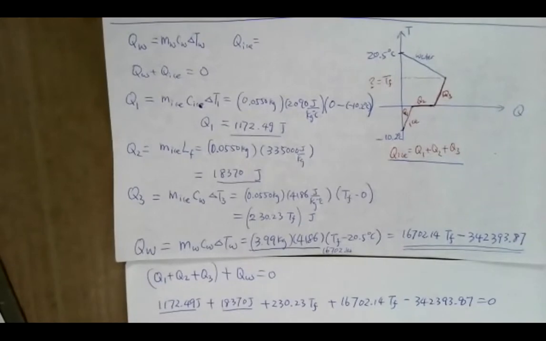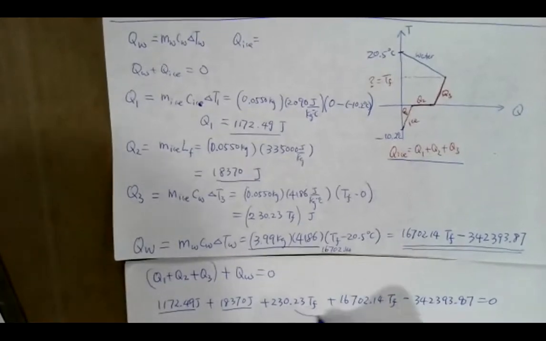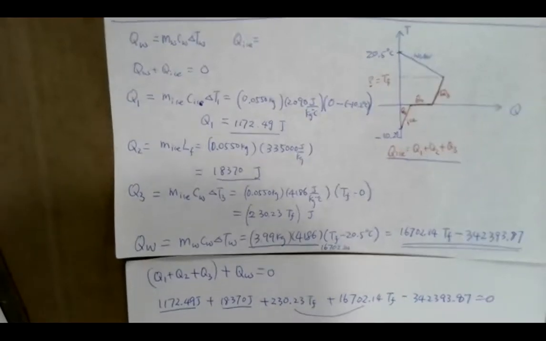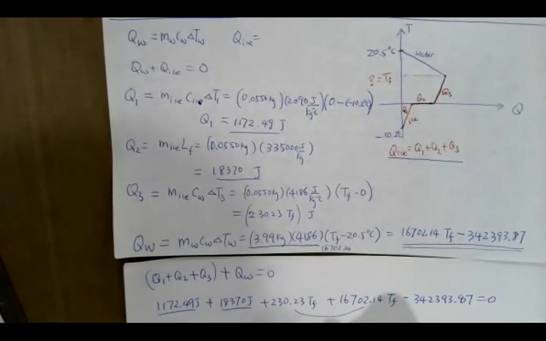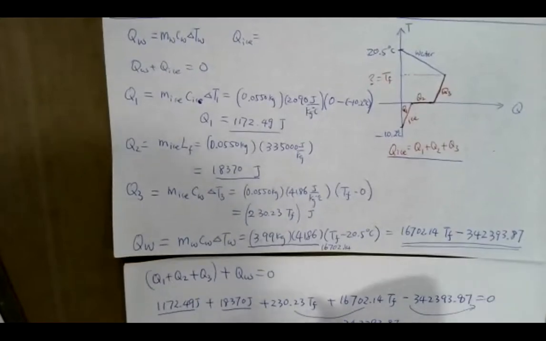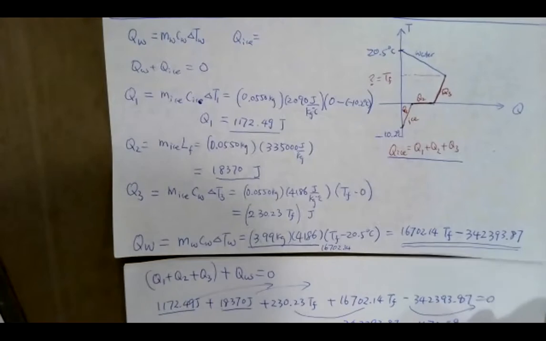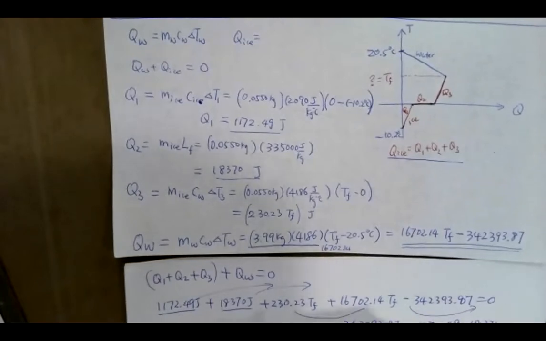So then in here, your TF is the only unknown. You are going to combine these two together, okay? So your T final is going to be equal to 342393.87, okay? Because you move this to the other side, and then this and this also to the other side, they become negative: minus 1172.49 minus 18370, divided by these two added up.